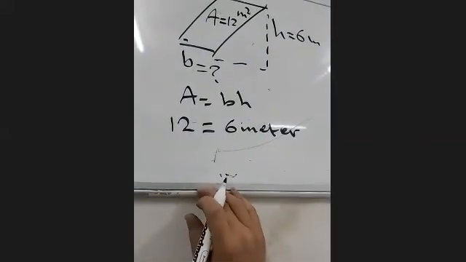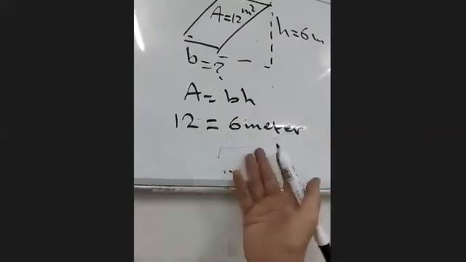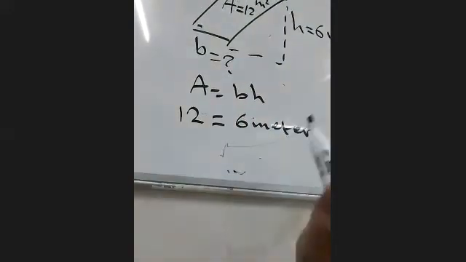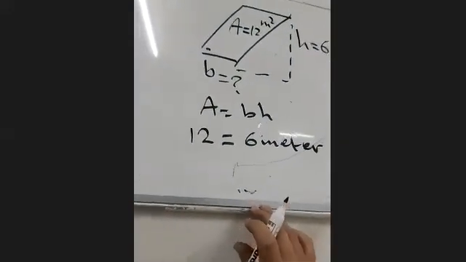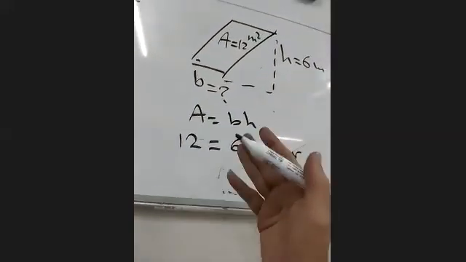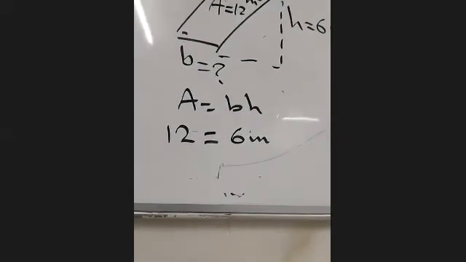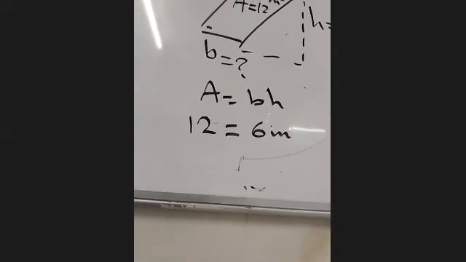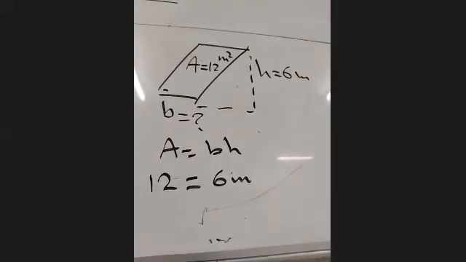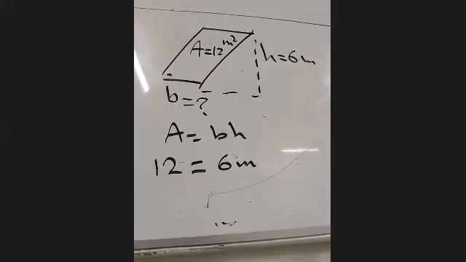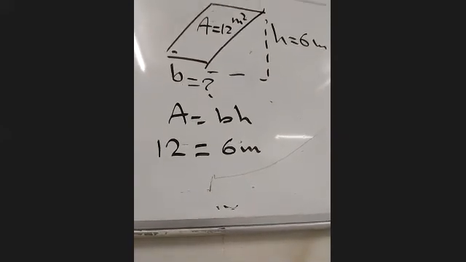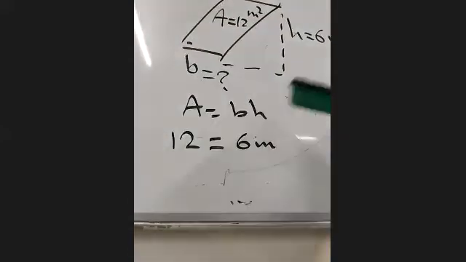Yes, Mr., M meter M. Are you looking at the board or not? What does 12 equals 6 meter mean? How? Explain it to me. 6M. What's the meaning of 12 equals 6 meters? Explain to me what 12 equals 6 means. Equation. Focus with me. A equal BH, right?